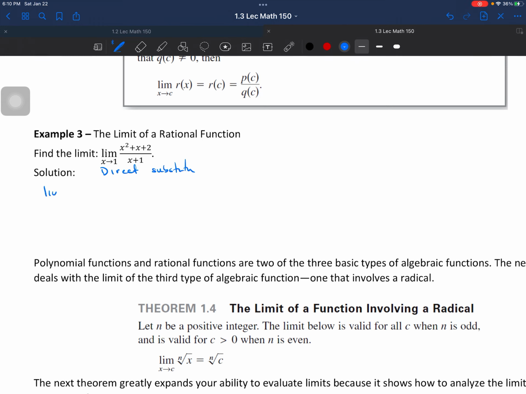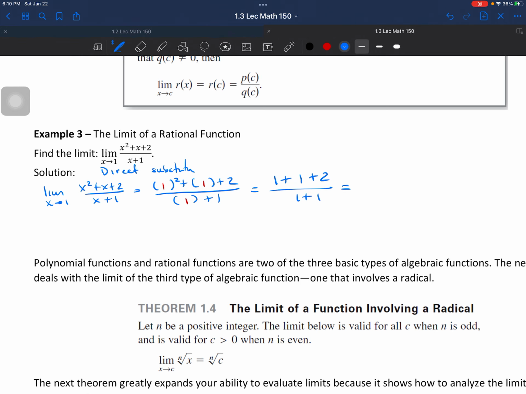It'll be the limit as x goes to 1 of x squared plus x plus 2 over x plus 1. We're going to do a direct substitution. Wherever we see an x, it's going to be replaced with 1. And thus we end up getting 1 plus 1 plus 2 over 1 plus 1.